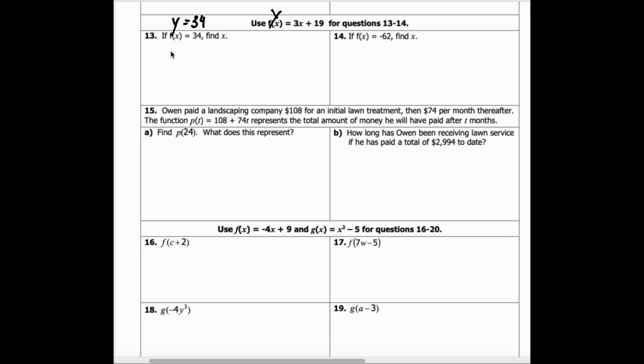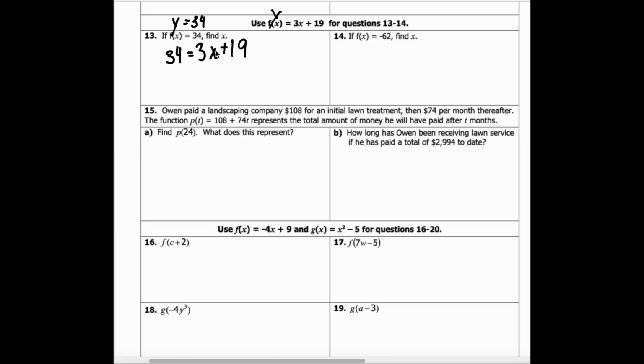So let's rewrite this. So what they're saying, if this was our y, y is equal to 3x plus 19, and they're saying that y equals 34. I'm going to rewrite the problem where if our y equaled 34 and we have 3x plus 19.